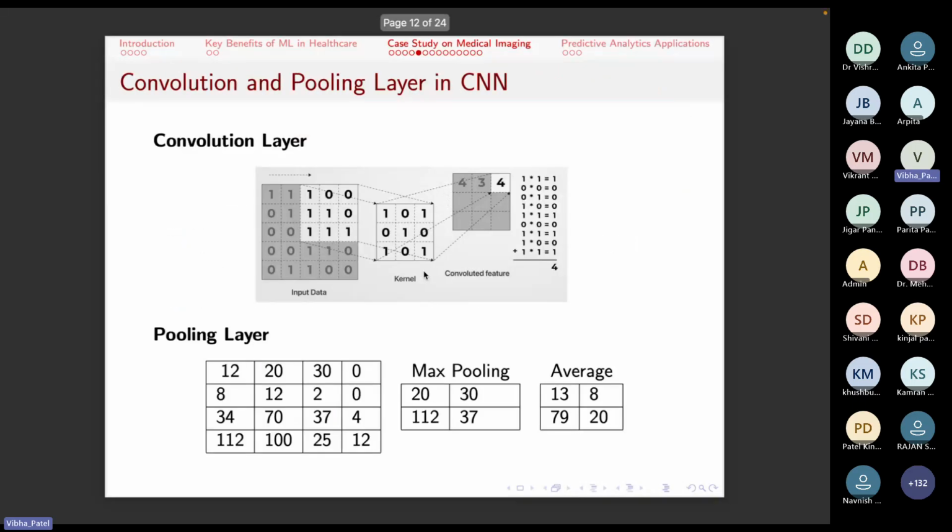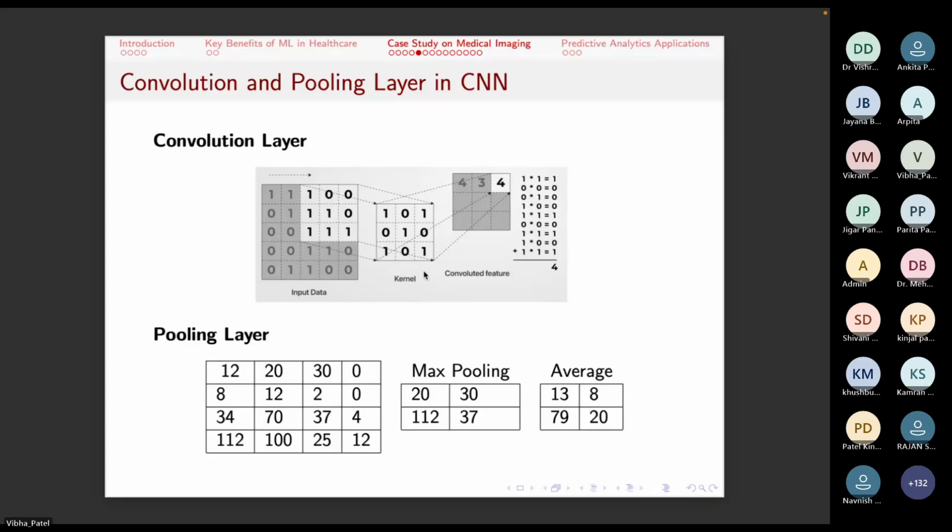So this is a very simple explanation of a convolution layer. What is it all about? It's basically concerned with extracting the features from the image. As we move deeper in the pipeline, at the initial level, we extract very abstract features.